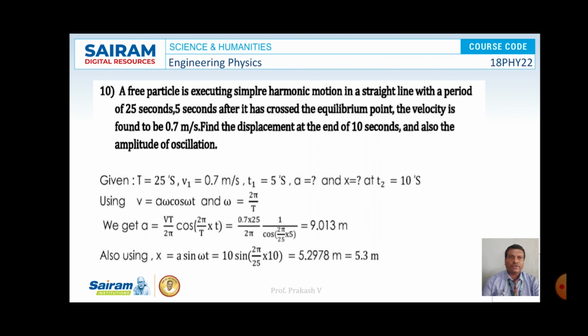So substitute the values and calculate the value of A as 9.013 meter and displacement x is given by A sin omega t. So substitute the value of A and omega t here. Then on simplification the value of x is found to be 5.3 meter. So this is the solution for the given problem.